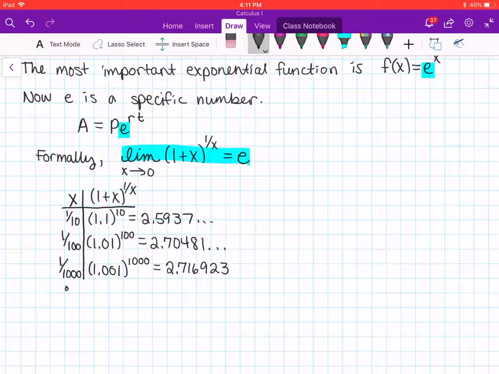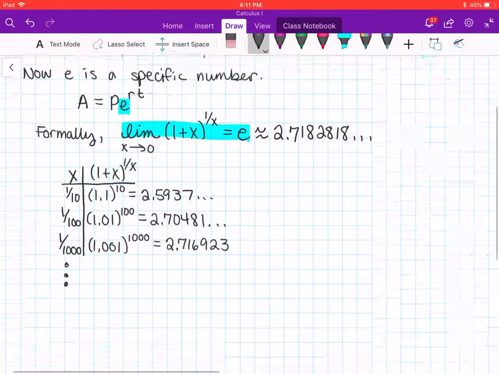So you continue on and you're going to get closer and closer to what the value is for e. And e, if you look it up, is 2.7182818, and it continues on forever and it never repeats. And so this is our number e, and we have found exactly what the number is.